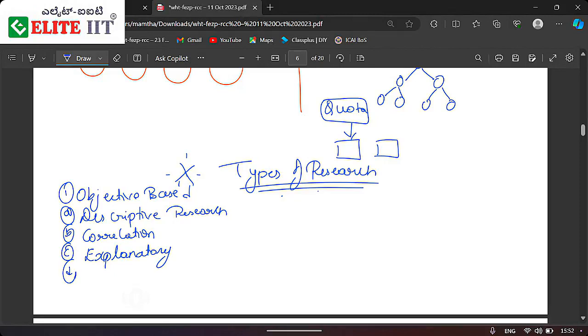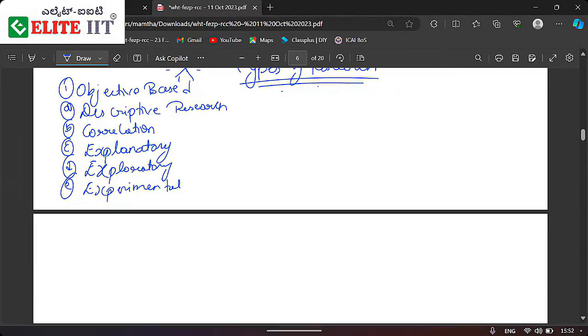Fourth one, exploratory research. And the last one, experimental research. Okay, so this is on the basis of objective.